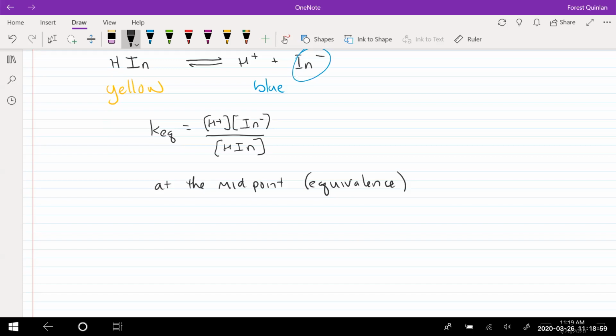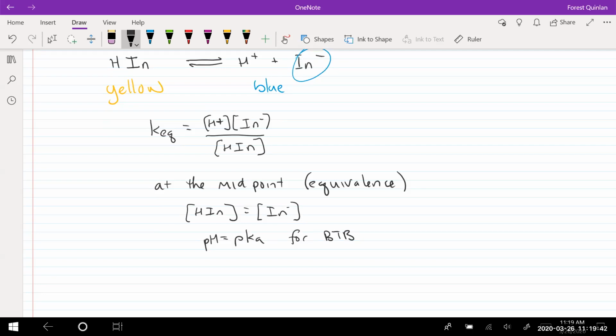We know that if we're halfway through trying to make this indicator change from yellow to blue, and some of you saw this when you did the indicators, you saw that neutral water was green. So you basically have everything as part blue and part yellow because it dissociated equally. So at the midpoint, you know that the concentration of H indicator is equal to the concentration of indicator minus, which means that the pH is equal to the pKa for bromothymol blue.